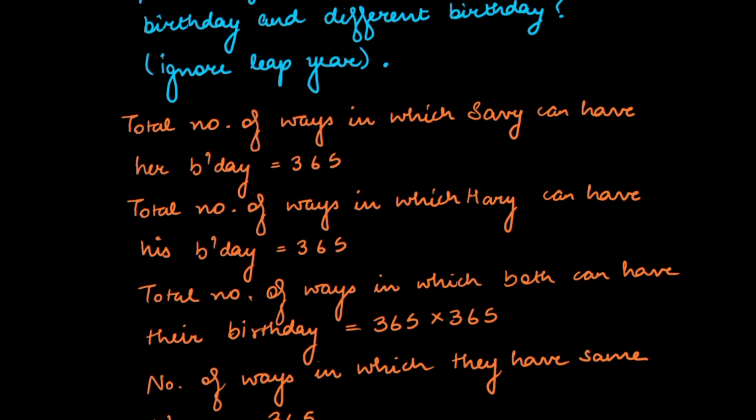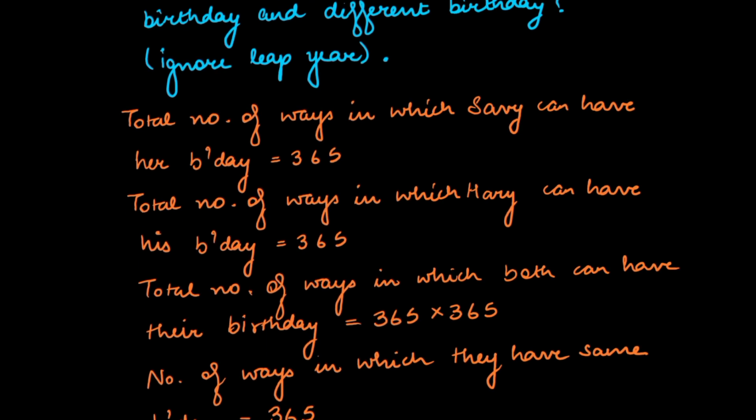Now, how many combinations are possible for both of their birthdays? Suppose Harry and Sally, they both can have 365 ways each. So the total number of ways is 365 into 365. These are the total number of ways in which both of them can have their birthdays.